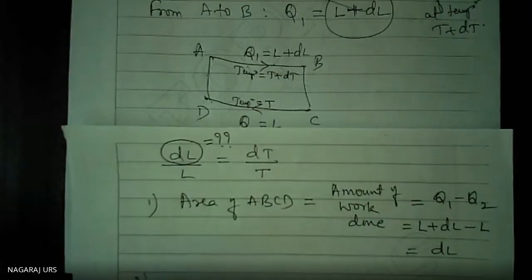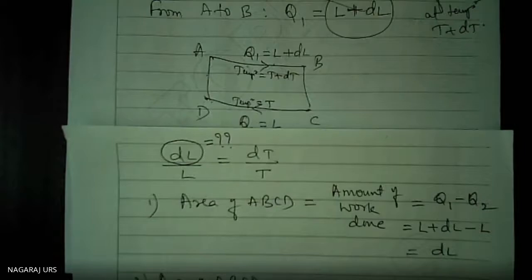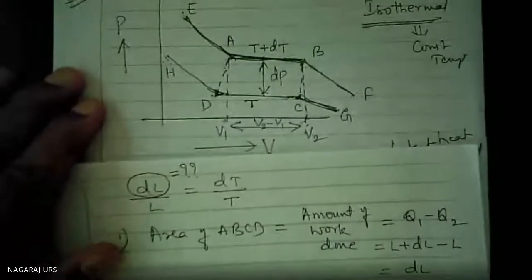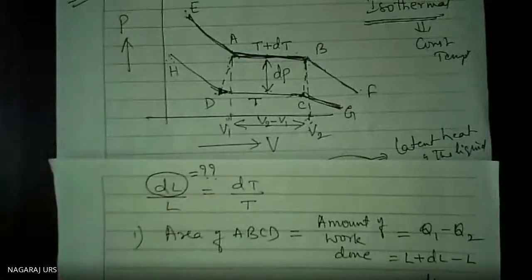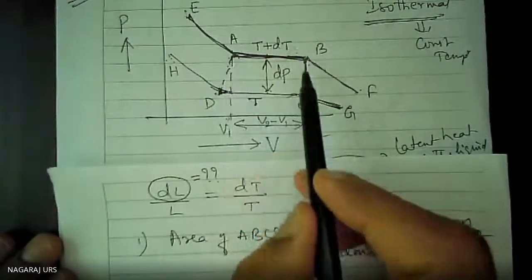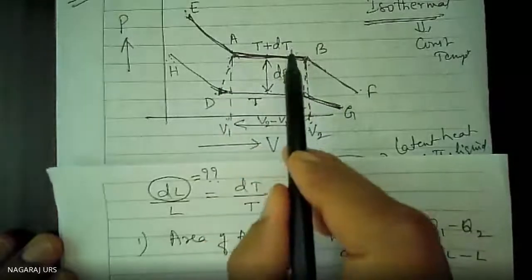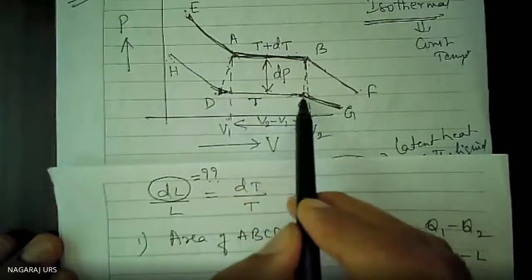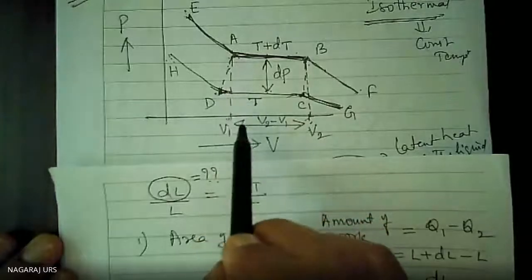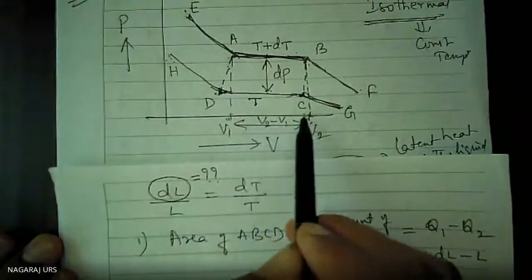Similarly, I will calculate the area of ABCD geometrically. See the diagram. Area of ABCD is a rectangle, so it is length into breadth. Which is the length? V2 minus V1 is the length.